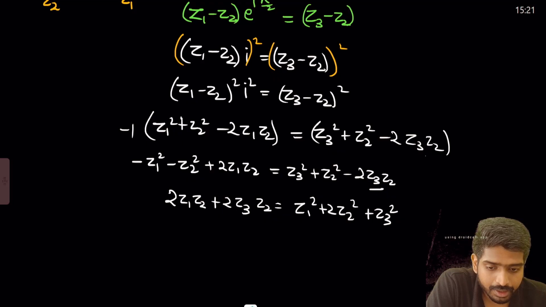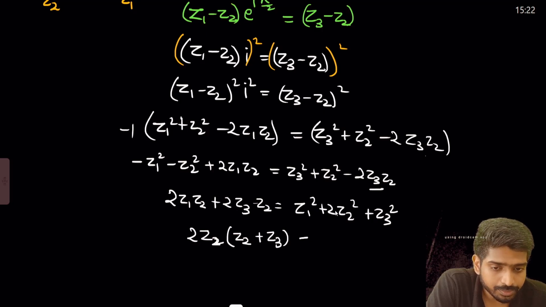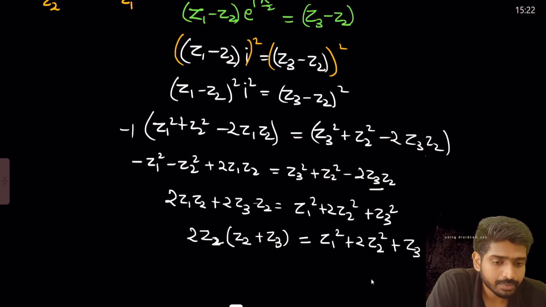So first I'll take 2 z2 common, right? So here I'll get 2 z2 into z1 plus z3 is equal to z1 square plus 2 z2 square plus z3 square.